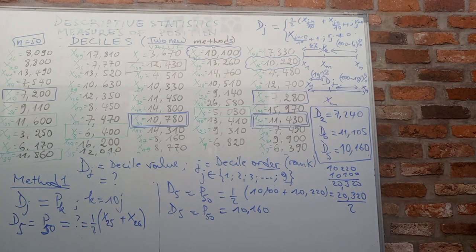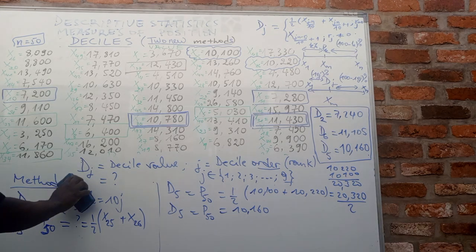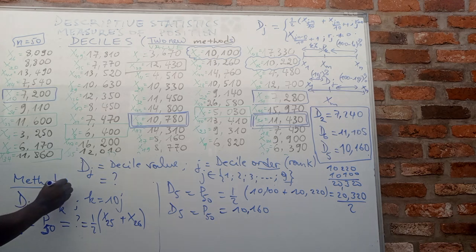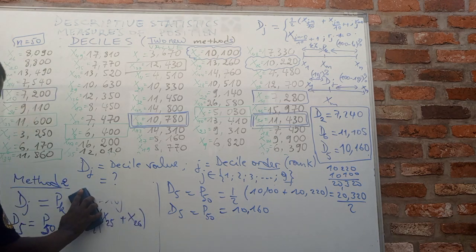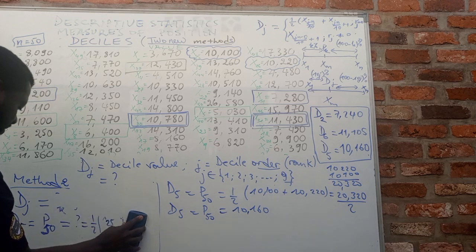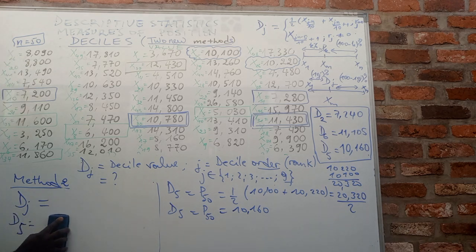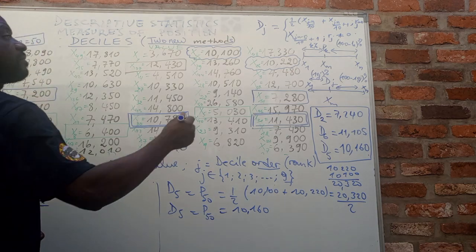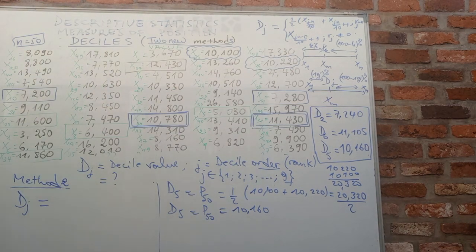Okay, so now it will be the second method, method 2. Now we no longer have to use this percentile formula, but we are going to use the decile formula as a second method.